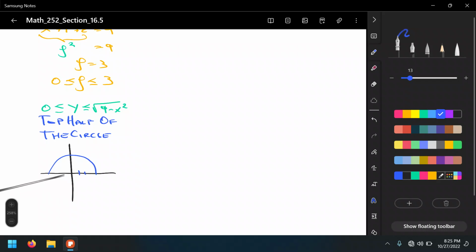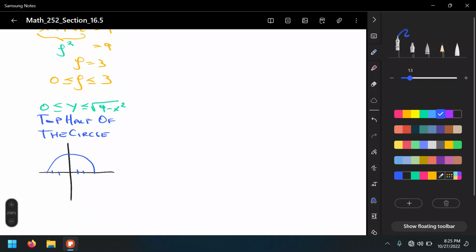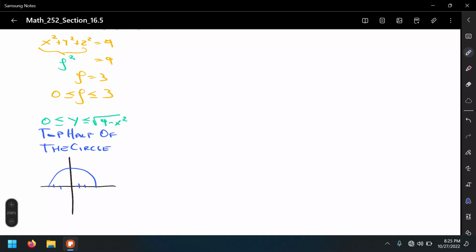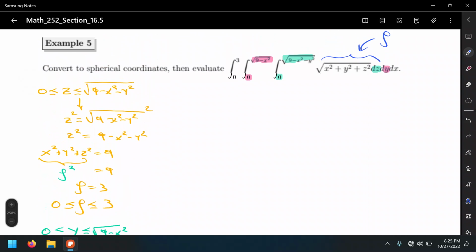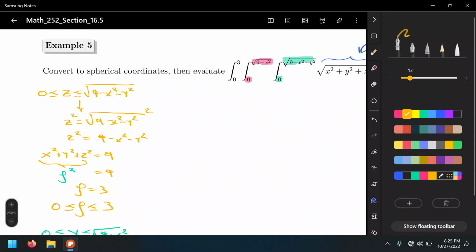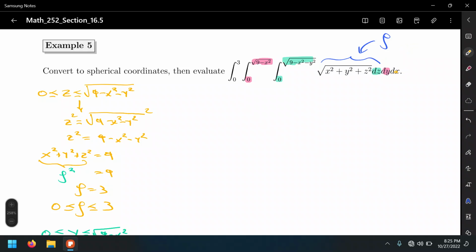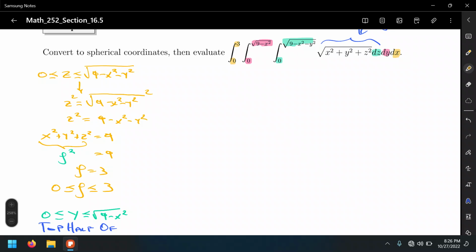And what about the outermost limits of integration, the ones with respect to x? They tell us the radius is from 0 to 3, which is consistent with the radius of the sphere as well.